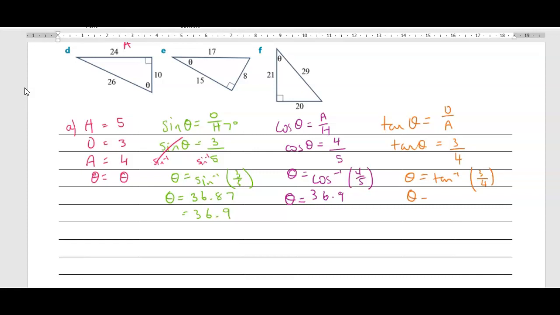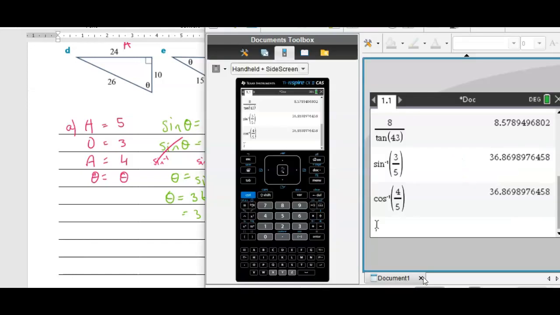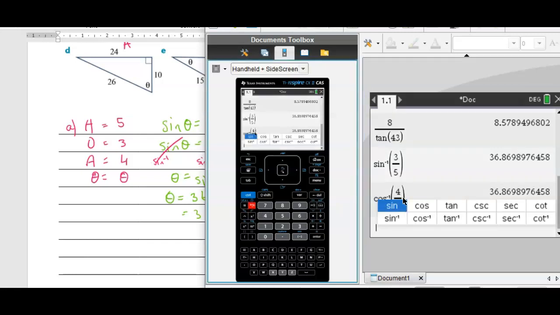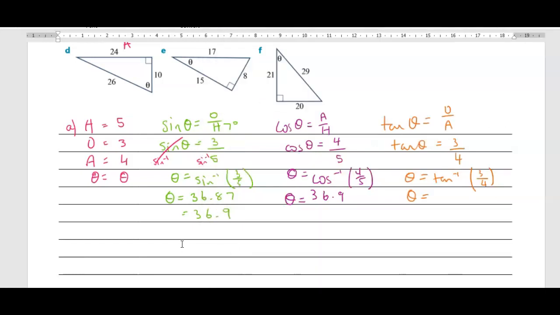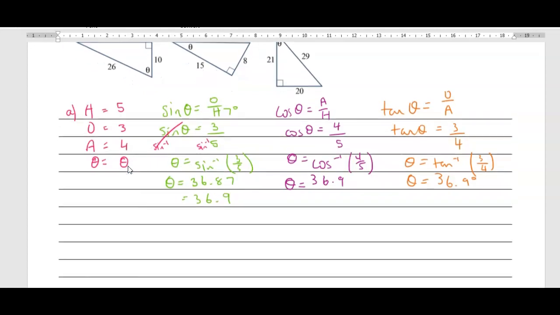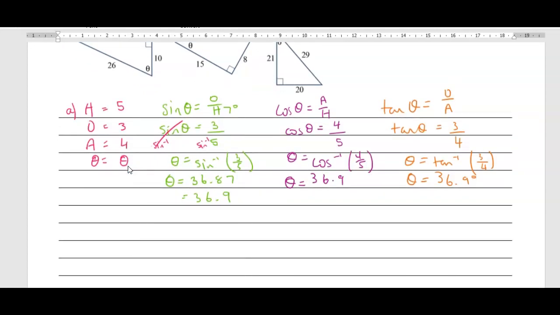Girls, when you do this question, you don't have to do sine, cos, and tan. You can do any of them. So tan, 3 over 4, and there we go. Surprise, surprise, we got the same answer, 36.9 degrees.